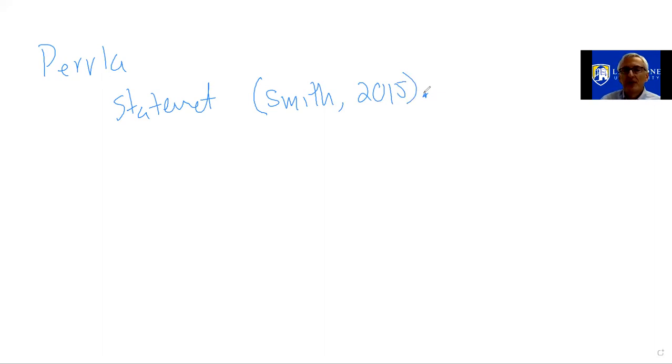The big issue is that Perla really does this every single time. And what you might want to do is vary your paper some.